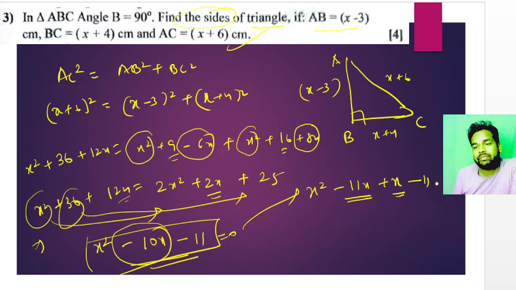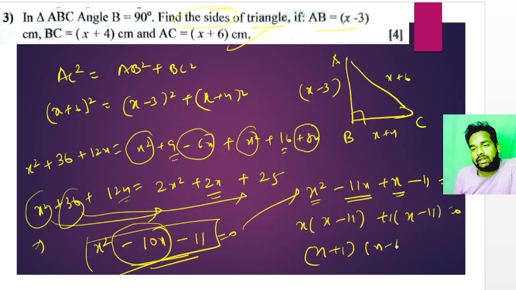Now take the common x from the first two terms: x times x minus 11, and take the common 1 from the rest: plus 1 times x minus 11 is equal to 0. Now x plus 1 and x minus 11 is equal to 0. So x is equal to minus 1, and x is equal to 11. Since sides cannot be negative, you cancel the negative one. So x is equal to 11.